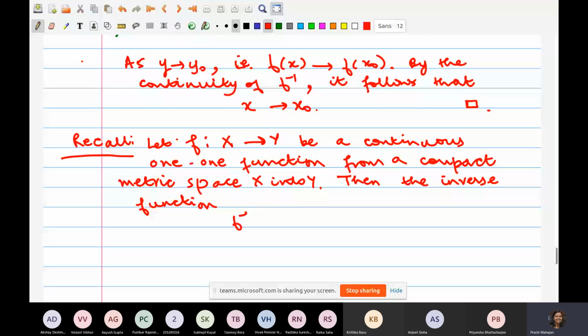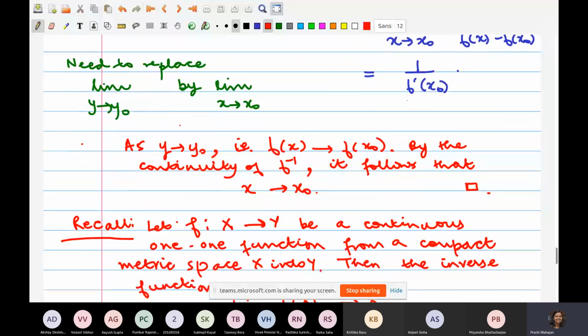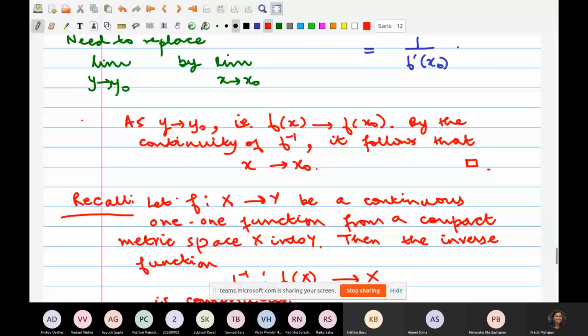So the inverse function, which is defined on the range of f, is continuous. So we use that here. Over here, X is the closed and bounded interval on the real line, which is a compact set. So we use this result here to show that f inverse is continuous. Okay, so is this okay with everybody present here?